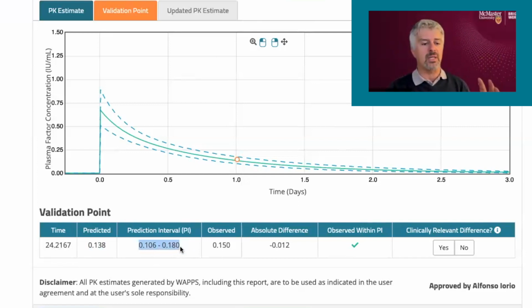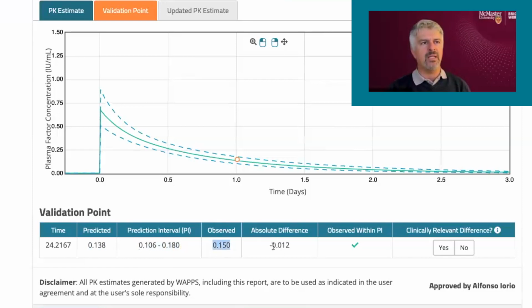You know that estimation and individual PK profiling with POP-PK is a forecast, is a prediction, so it has some variability. And in this case, the variability is expected to be between 10 and 18. We are telling the concentration should be 13.8, but it could be anywhere from 0.10 to 0.18.